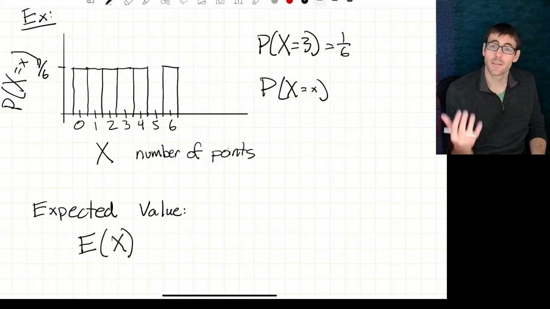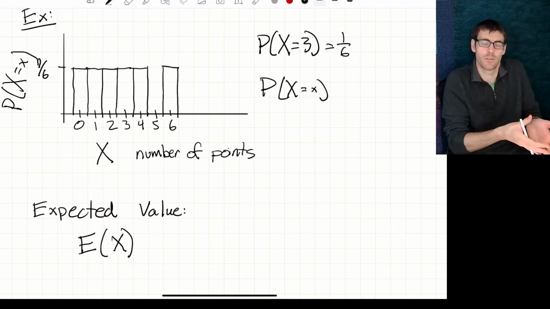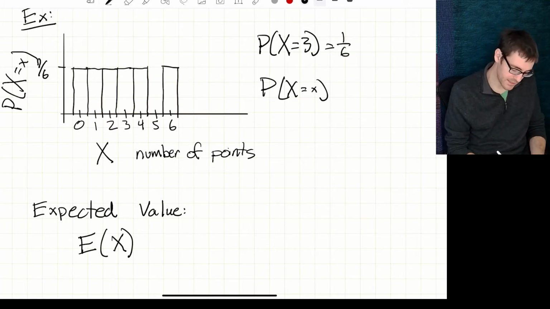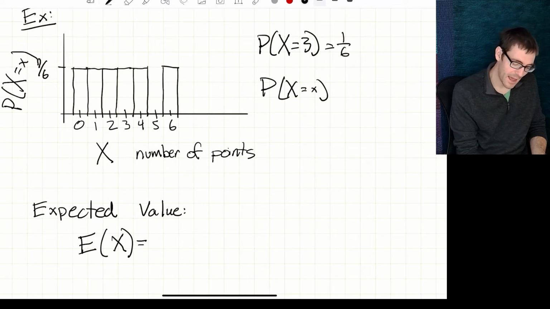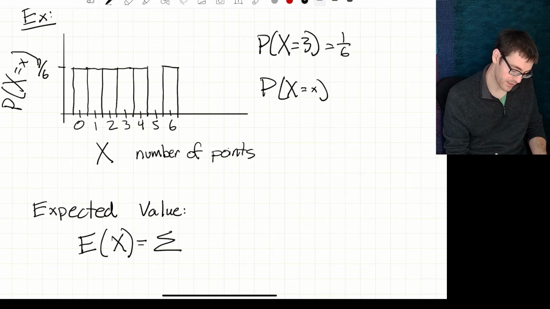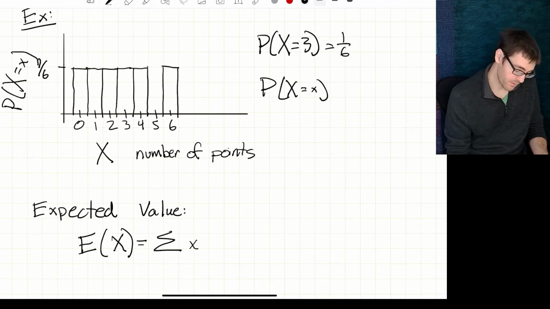Given a distribution like this, we might want to know, all right, what's the middle? What's the average number of points we would get with a single die roll? Well, that is the expected value, and that's just going to be the weighted average of each of these possible outcomes. Formula-wise, the expected value is the sum of the number of points that you get for a particular outcome times the probability that we get that outcome.